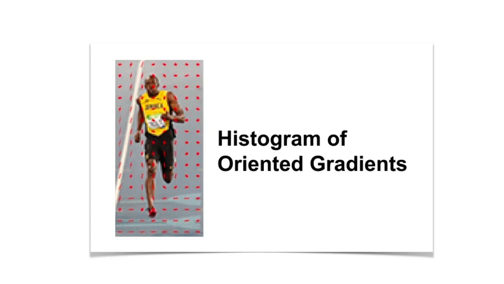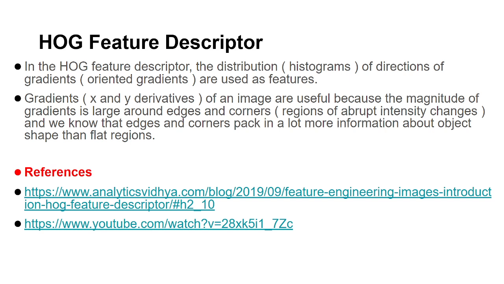Suppose we consider an example where the histogram of oriented gradients is used as the feature descriptor. In the HOG feature descriptor, the distribution of histograms of the direction of the gradient is used as a feature. Here you can see the gradients, the x and y derivatives, which we are going to derive.